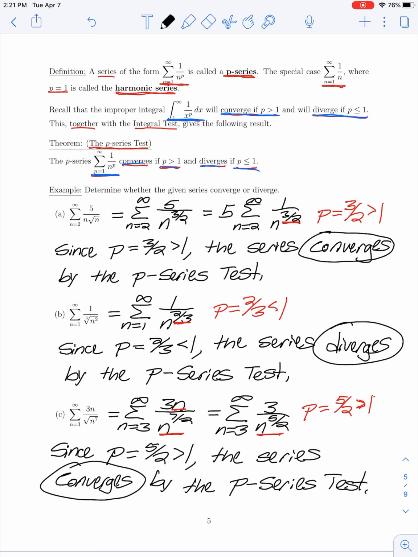So in this first part of our section 5.3 material, we're discussing the integral test, which then ends up resulting in another test known as the p-series test, which allows us to establish convergence or divergence of the series by looking at an improper integral.